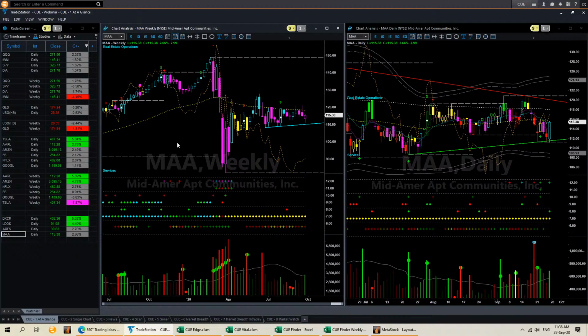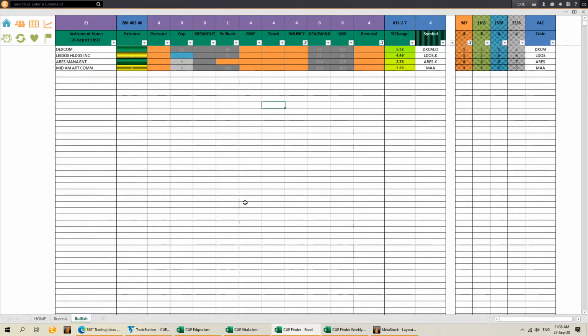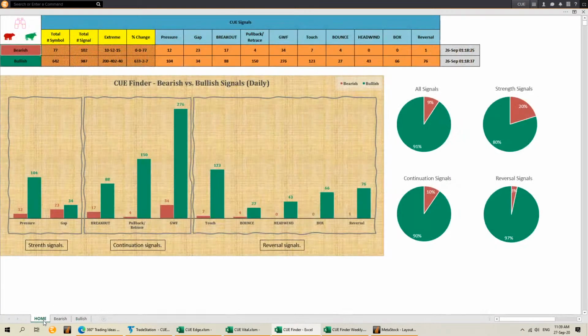Now let's look at some of the latest trades that I shared. How do I find them? I find them in the same way that I explained today. I look at the Finder home first, make a hypothesis what kind of trade I'm going to look at.